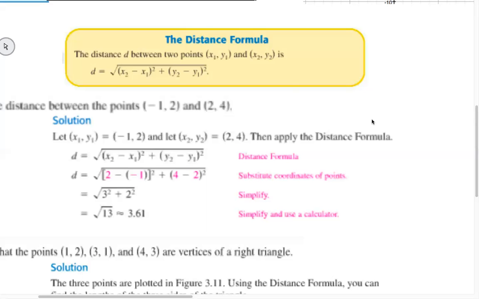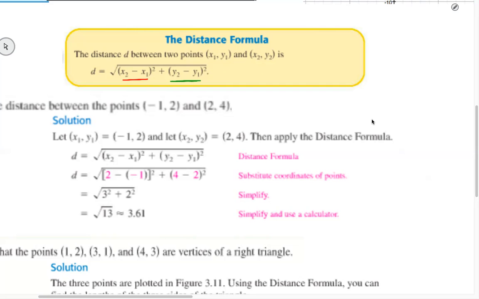Okay, now, a squared plus b squared equals c squared. That is the Pythagorean theorem. And the distance formula is that. It is a squared plus b squared equals c squared. Kind of, so to say, a squared is the difference between your x's. It's that piece. Notice a squared. This piece is kind of like your b.